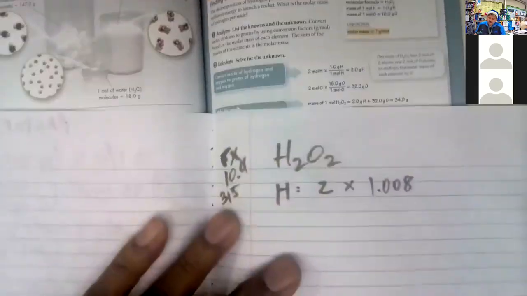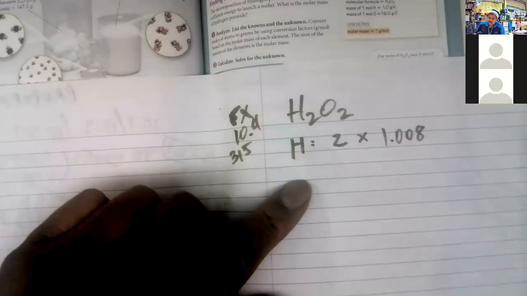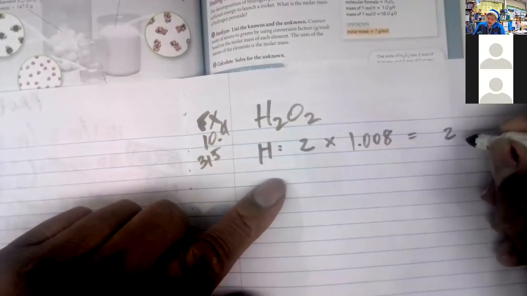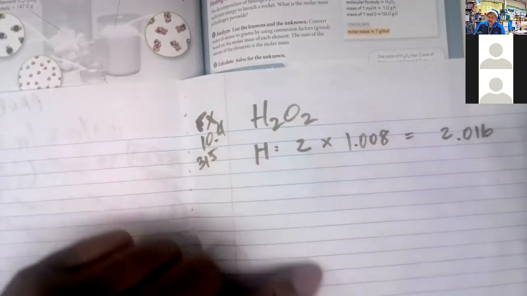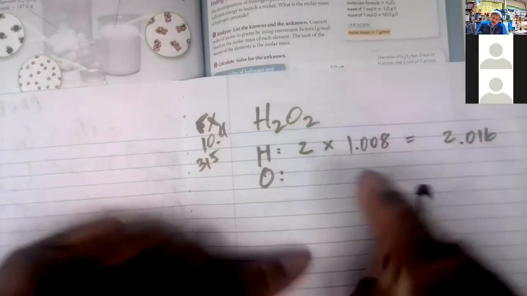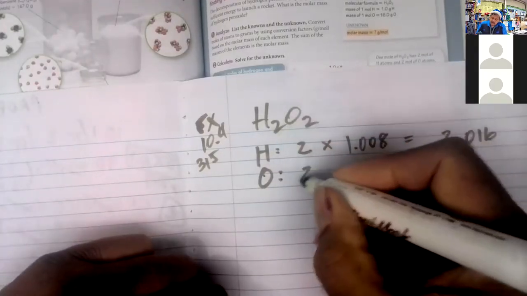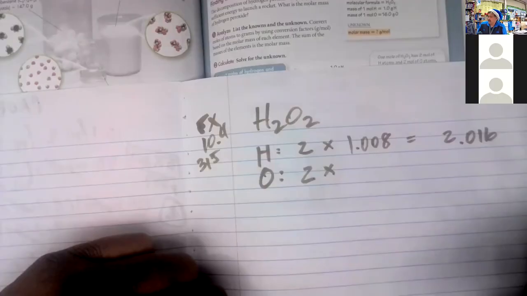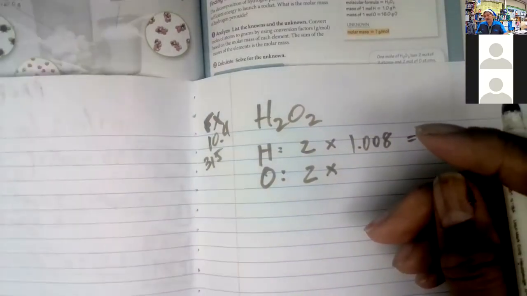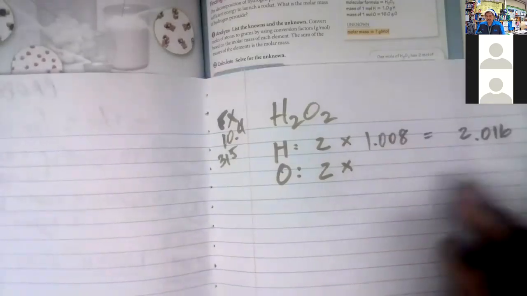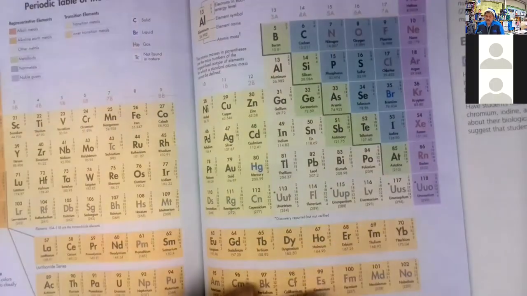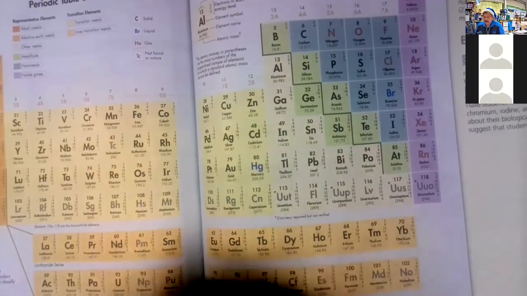And there you go. So what you're going to do is multiply that together. You're going to get 2.016. Alrighty, and for the oxygen, you can see there are also two of those. And if you look back at your periodic table, the atomic mass of an atom of oxygen is 16 or 15.999.